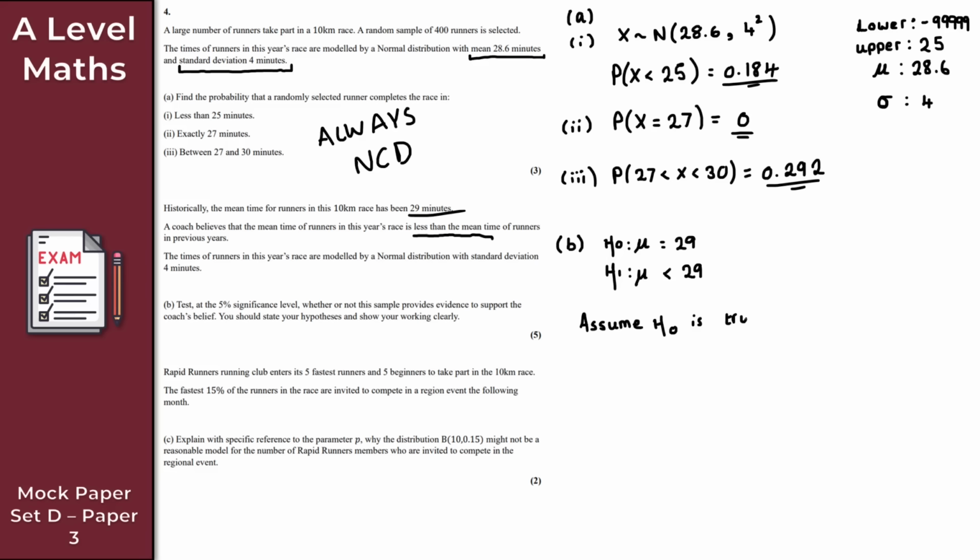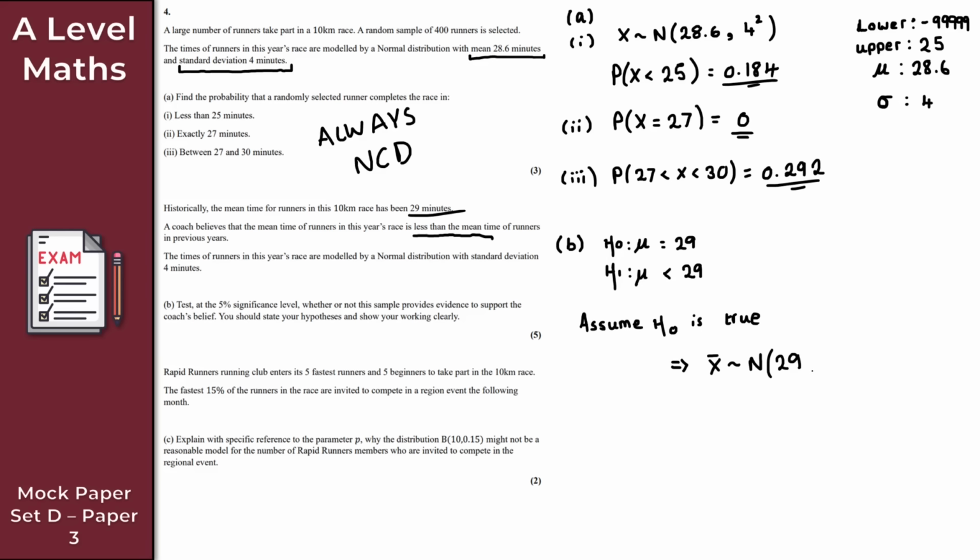Now, if H0 is true then, what does that tell us here? So, I'm going to take X bar here, and this will follow a normal distribution. Now, because we've assumed that H0 is true here, then the parameter mu here is 29, right? So that value of mu is 29 because we assume that H0 is true, where H0 is saying that mu is equal to 29.